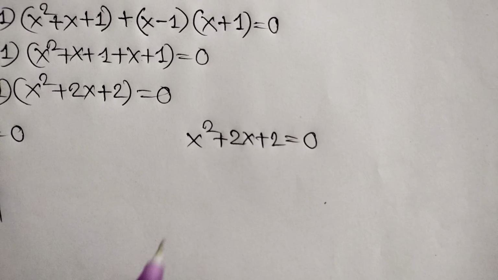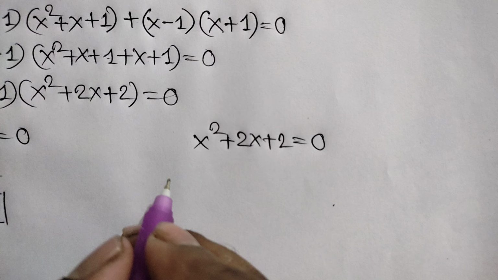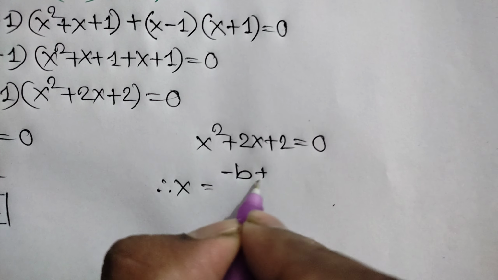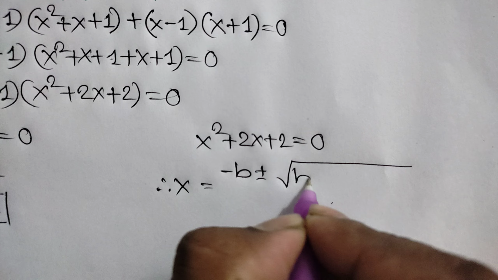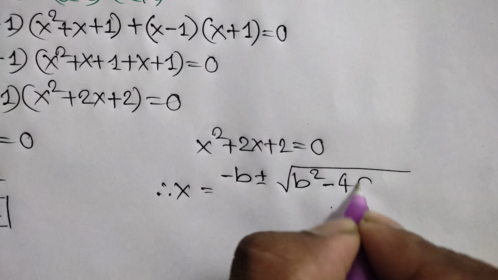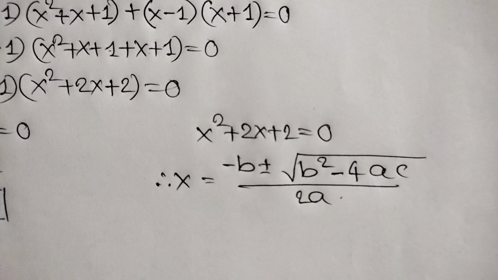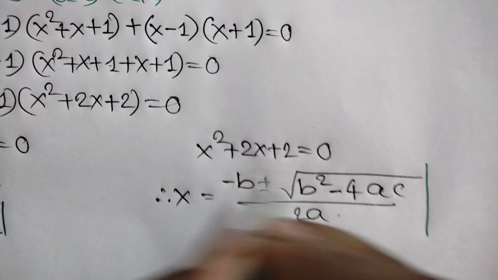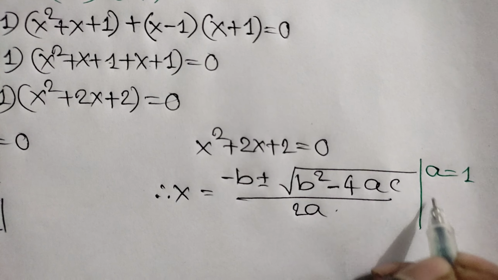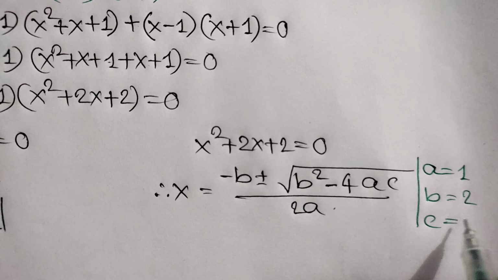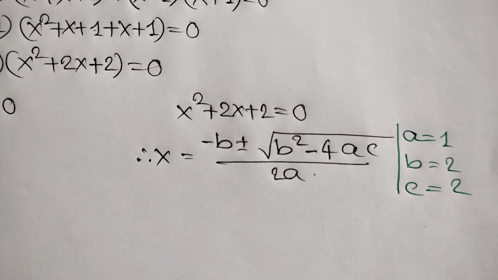Now from here we use the quadratic formula, so we can write x is equal to minus b plus or minus square root of b square minus 4ac over 2a. Here a is equal to 1, b is equal to plus 2 and c is equal to plus 2.